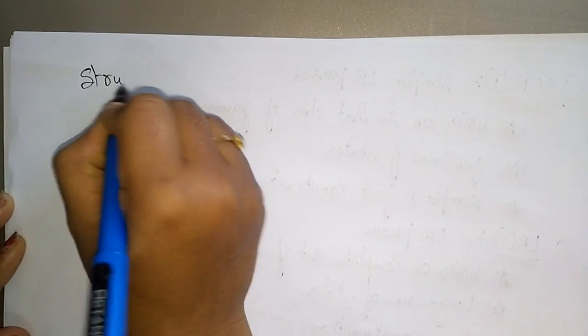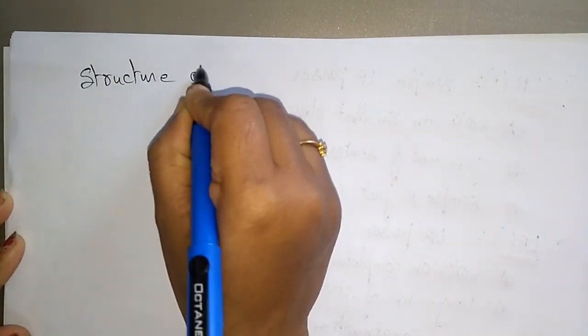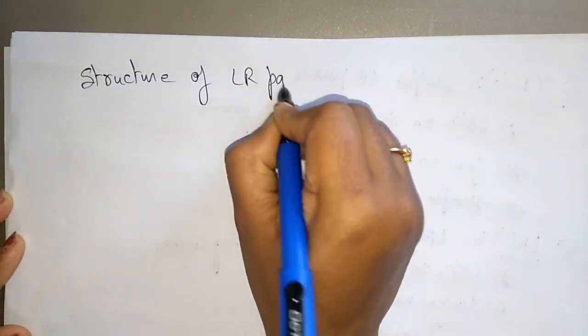Let's see the structure of LR parser. Later we will see the examples, how the LR is going to be constructed. Structure of LR parser.